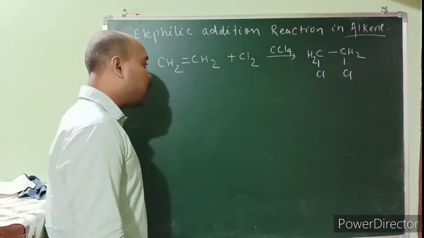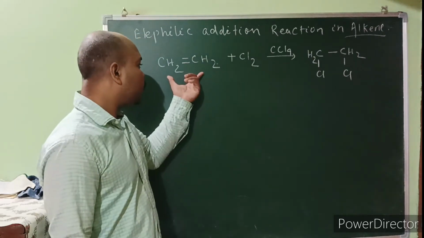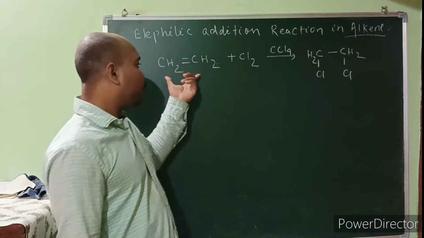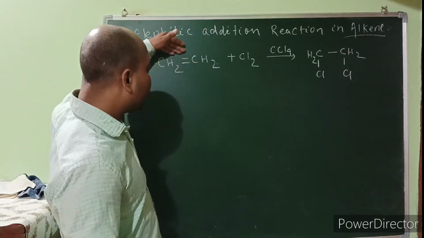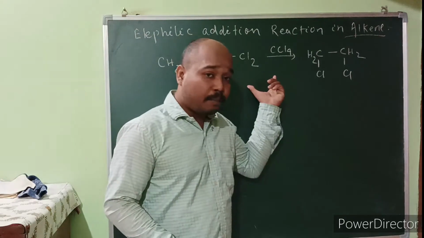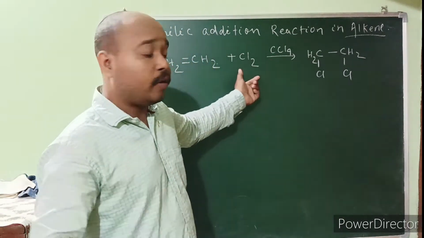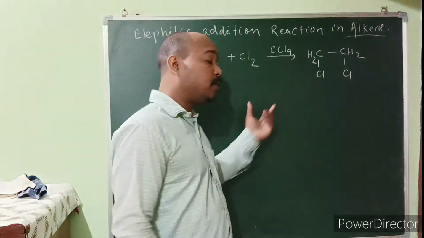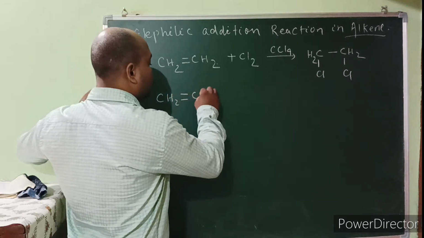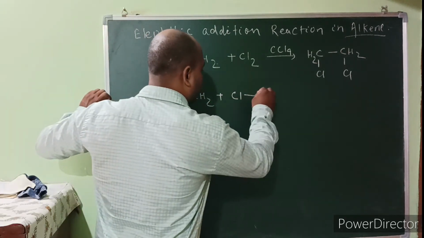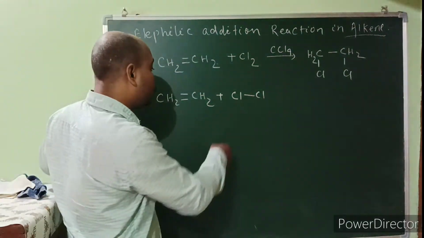Let's find the mechanism. First of all, in an alkene there is a pi bond, so it will form a pi complex here, because chlorine is also a homogeneous diatomic molecule, so it will not ionize. In this case chlorine is electron rich.